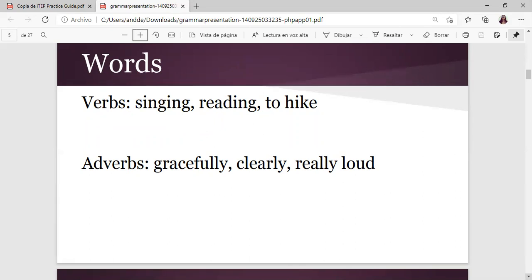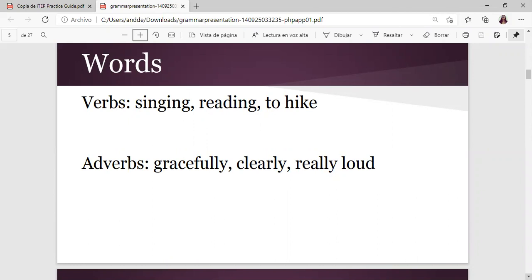If you are using simple past, -ed forms or irregular forms of the verbs, like started, danced, liked, did, etc., all the verbs you're gonna be including are gonna be in past. You cannot mix verbs in the same structure. You cannot start using verbs in past with verbs in present with verbs in participle. The same happens with verbs in -ing forms, singing, reading, hiking, or adverbs like gracefully, clearly, really loud.